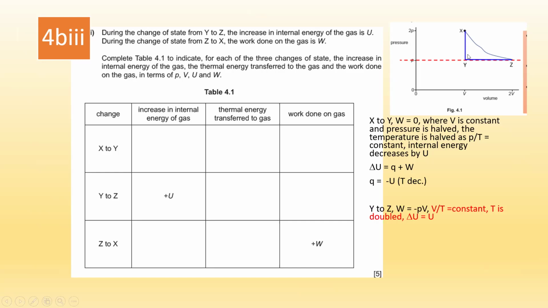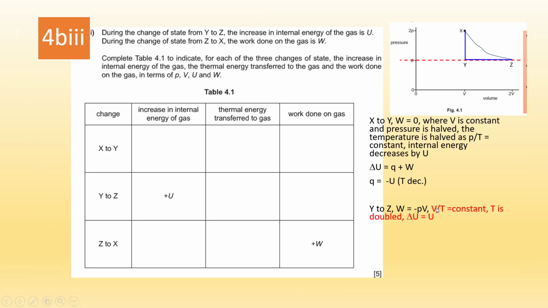Y to Z. Y to Z. Work done is just your pressure times your change in volume. Change in volume is 2V minus V. Okay? This is an expansion, so it's a negative sign there. Then since your pressure is constant, we use this equation, no?